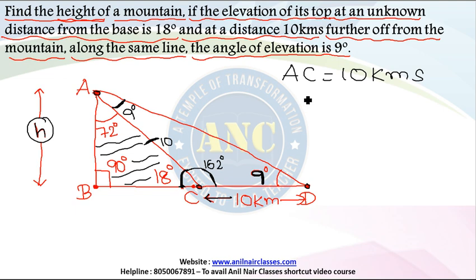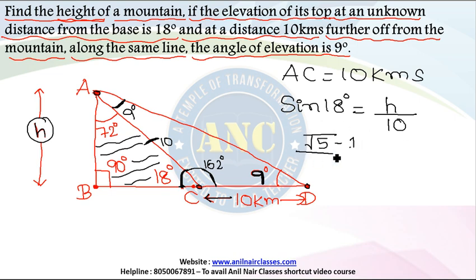That means opposite and hypotenuse, which trigonometric function? It is sine. Sine 18 degrees is opposite side by hypotenuse. Opposite is H, hypotenuse is AC, which is nothing but 10. And sine 18, I have already told you how to find it in trigonometry class. The value is root 5 minus 1 divided by 4. It is equal to H by 10.